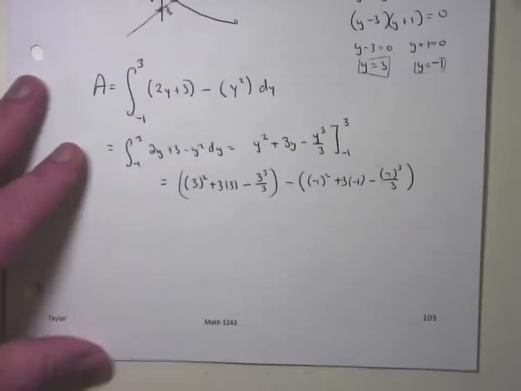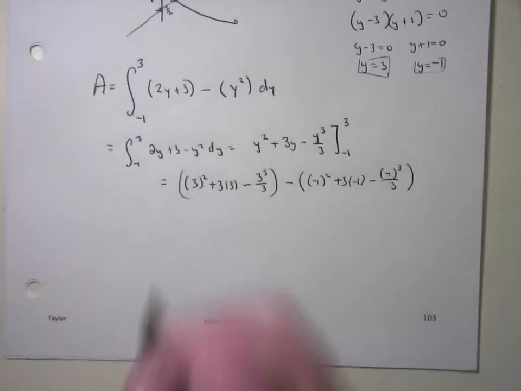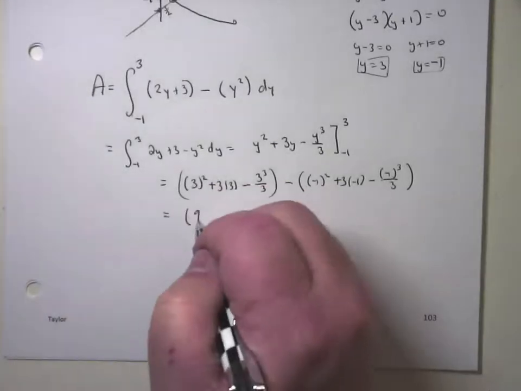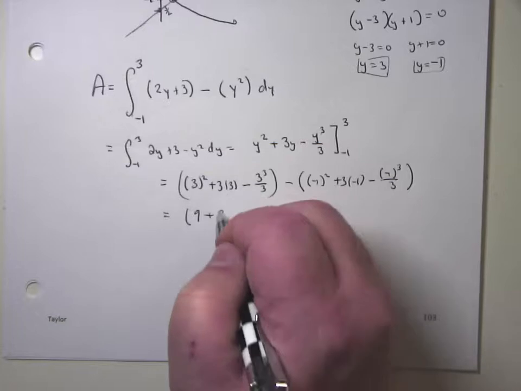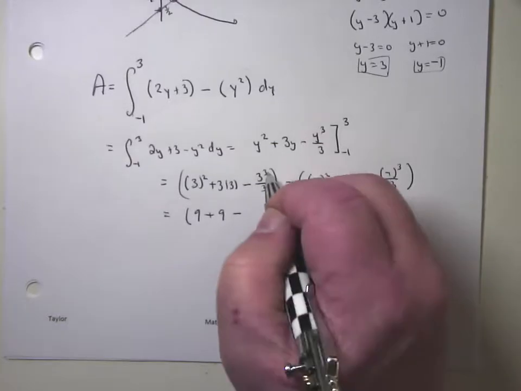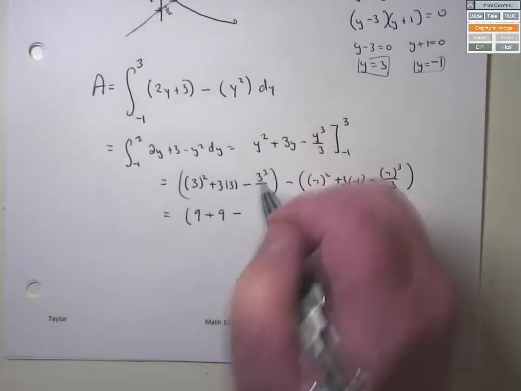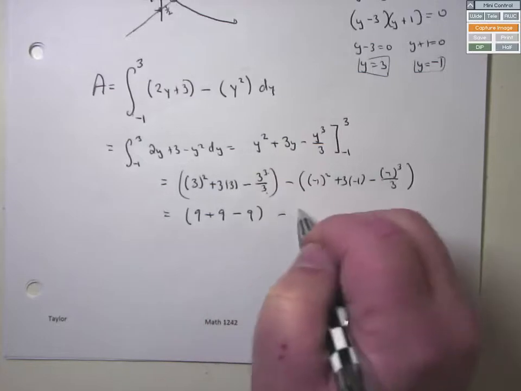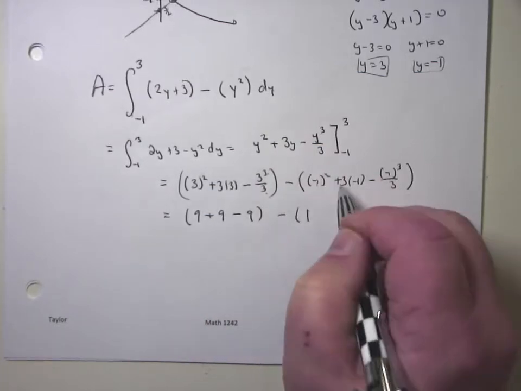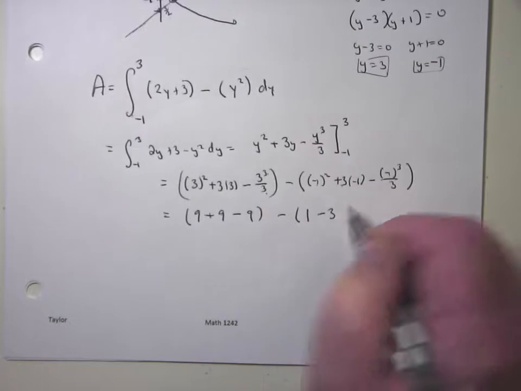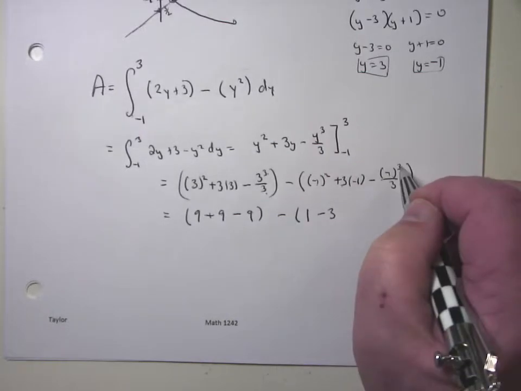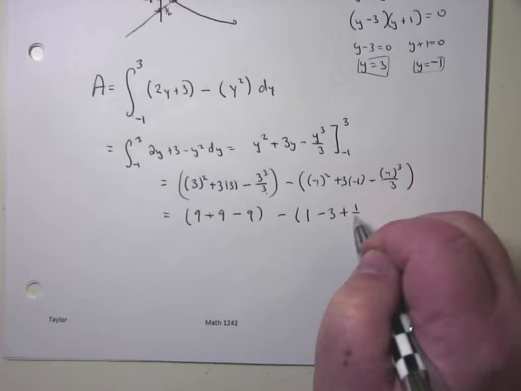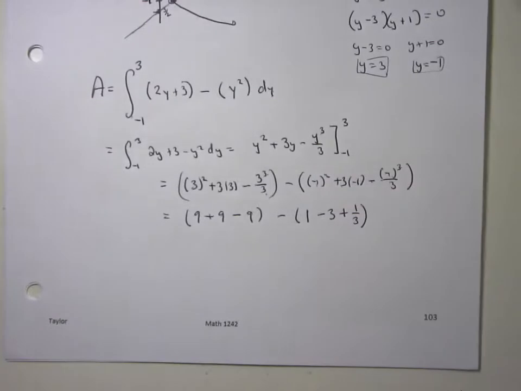Crunching it out, 3 squared is 9, plus 3 times 3 is 9, minus 3 cubed is actually 27, divided by 3 is 9, minus negative 1 squared is 1, 3 times negative 1 is minus 3, negative 1 cubed is negative 1, negative that makes it plus 1/3. So yay, we got fractions.